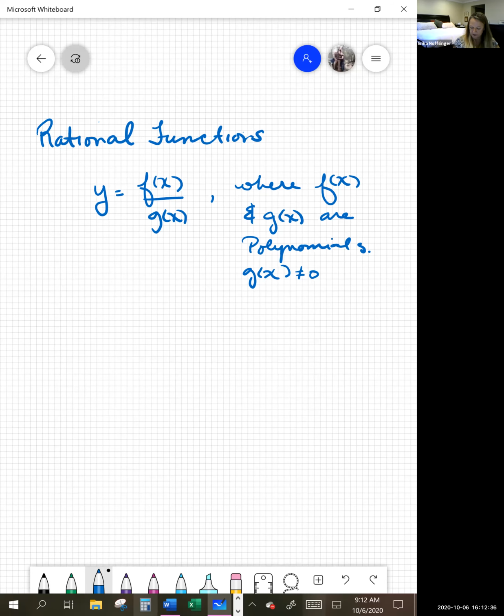So when we're looking for the domain of a rational function, we have to exclude all values which set our denominator equal to 0.